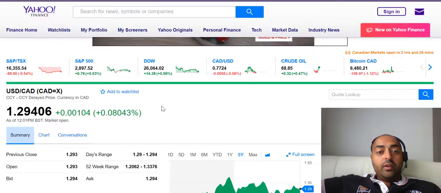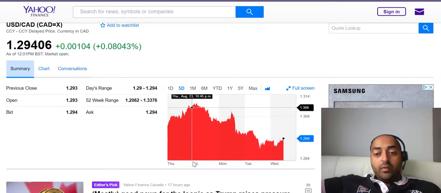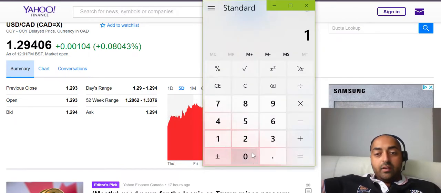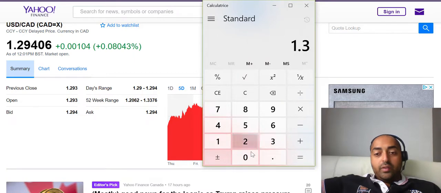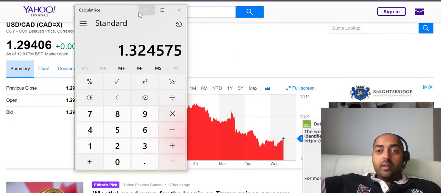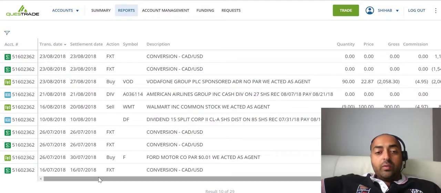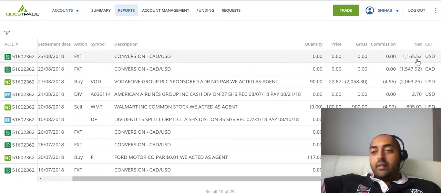So if we go back and look at the spot price on August 23rd, which was Thursday, you could see it was trading at about 1.305. 1.305 times 1.015 gives me 1.324575, which was the rate we calculated by dividing my Canadian over my US.